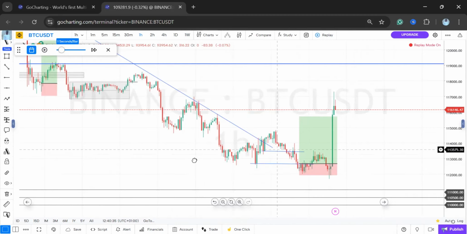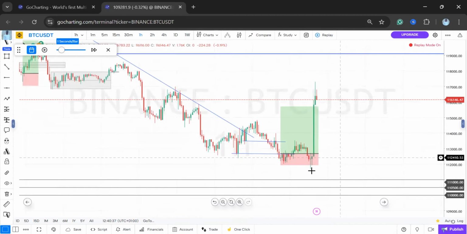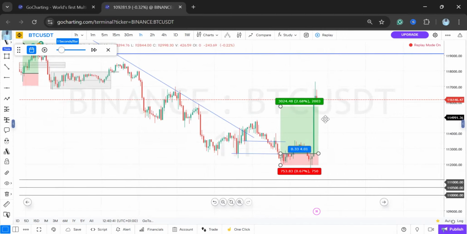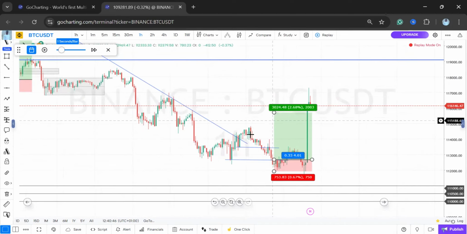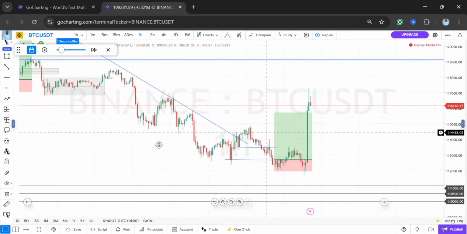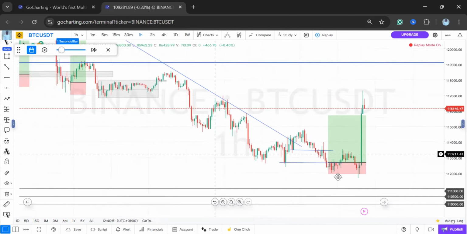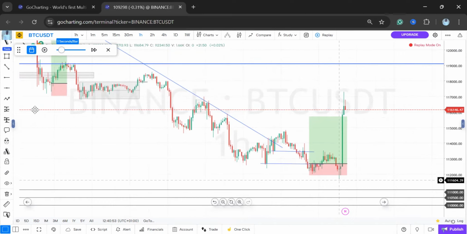See how price just hit us out with this long wick and boom, up to the TP level. This 300 and something pips is huge, man. But price, after playing around, hit us out and boom.